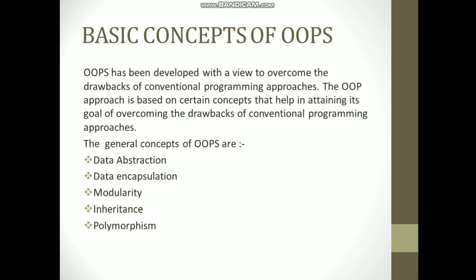Modularity means breaking down the programs into different modules. Inheritance. Inheritance is the way by which one class inherits the properties and methods of another class. Polymorphism. As the word says, poly means many and morphism means forms. So polymorphism means many forms. One object can have many forms.